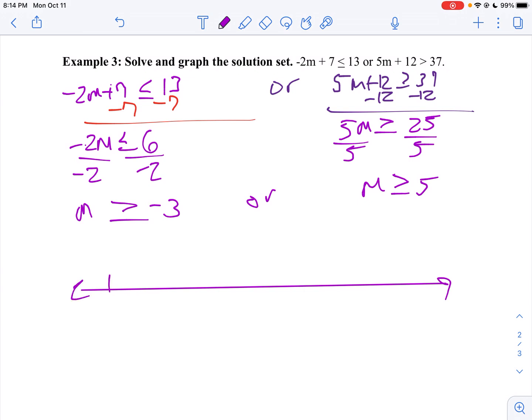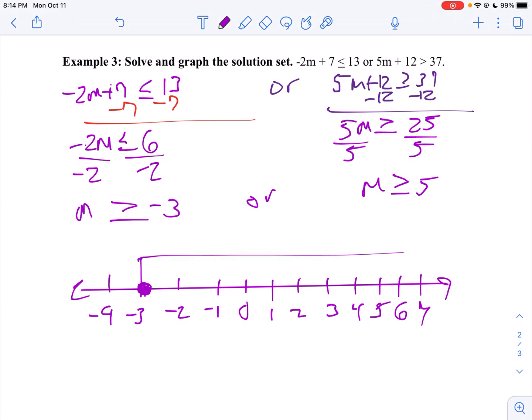So I'm going to go negative 2, negative 3. Whoops, try that again. I'm numbering backwards. Let's go negative 4, negative 3, negative 2, negative 1, 0. And then greater than or equal to negative 3. So I'm going to put a closed circle on negative 3. I'm going to shade to the right.